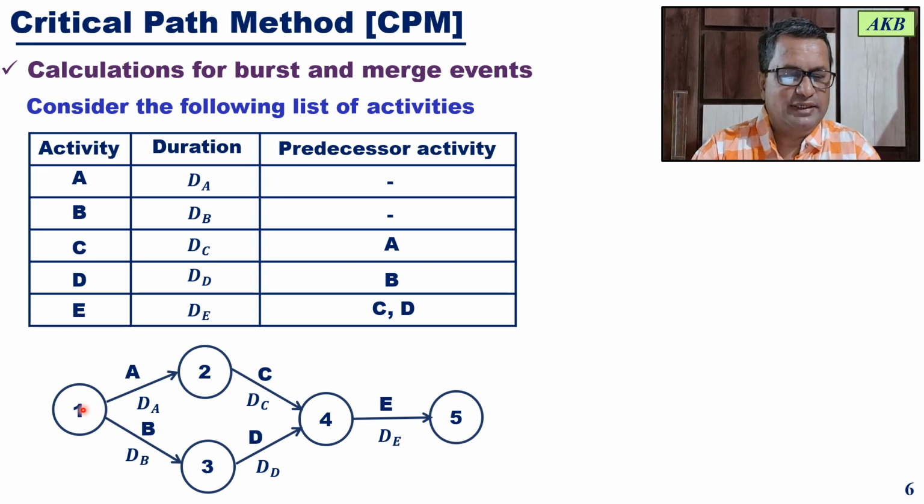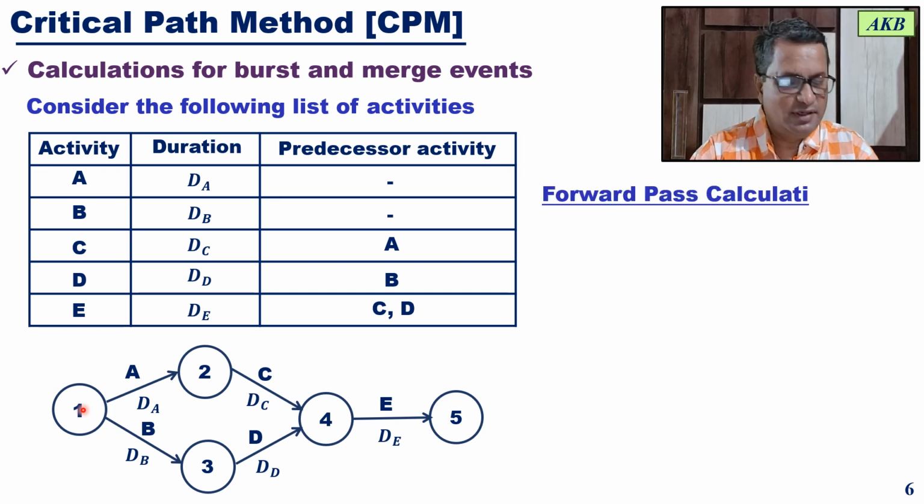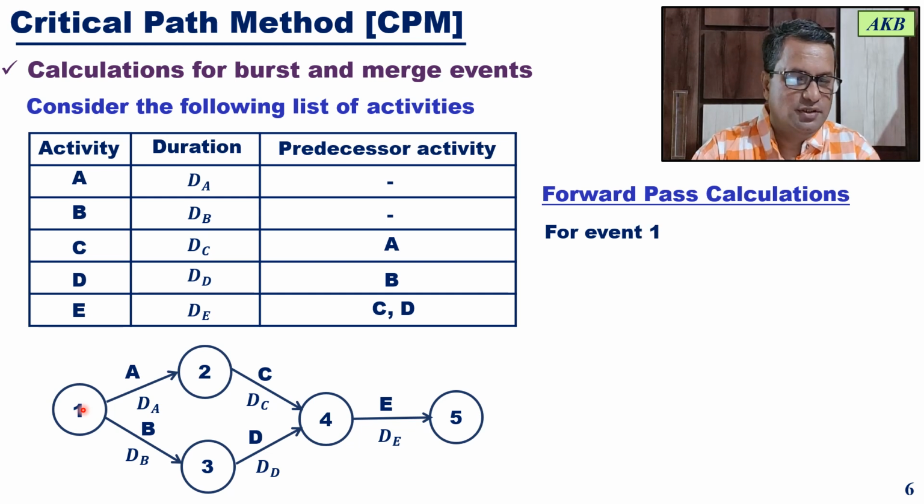Okay, so let us understand. Once the network diagram is ready, we will do the forward pass calculations. Forward pass calculations will start at event 1. The earliest event time for event 1 will be 0.